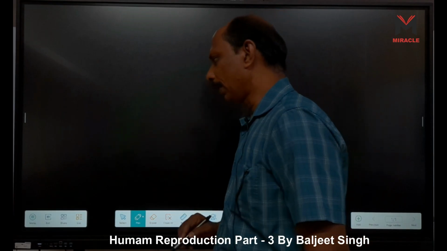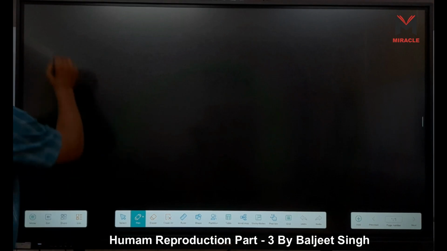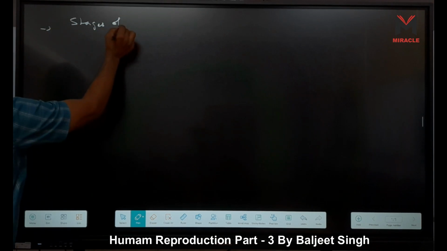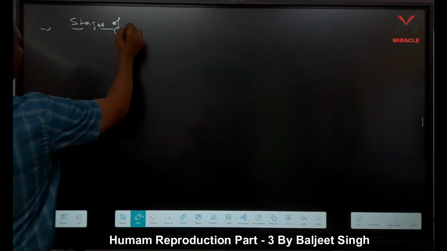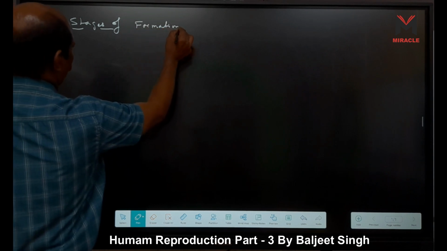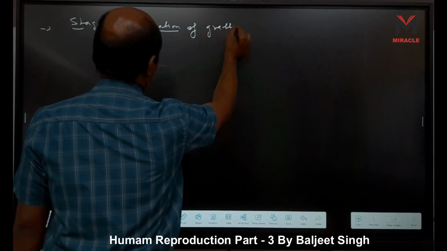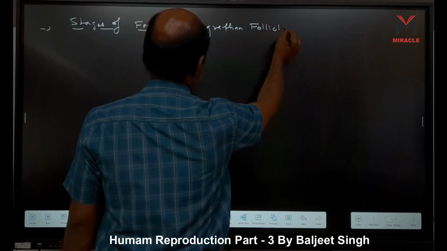How is a graafian follicle formed? What happens? Here some phases are present, right? Here are the stages of the formation of the graafian follicle.